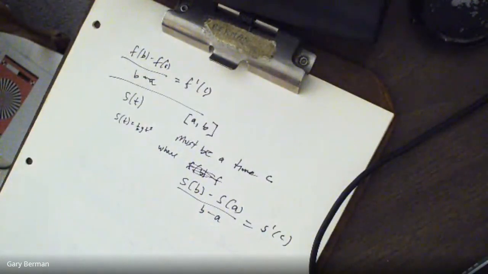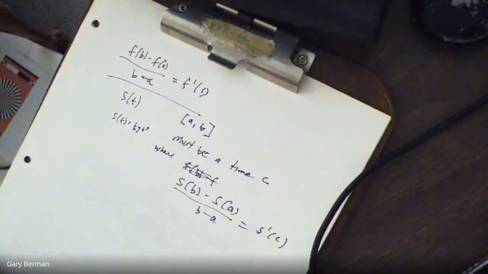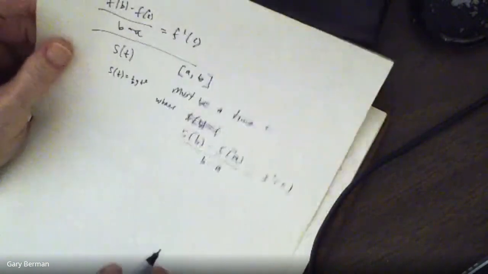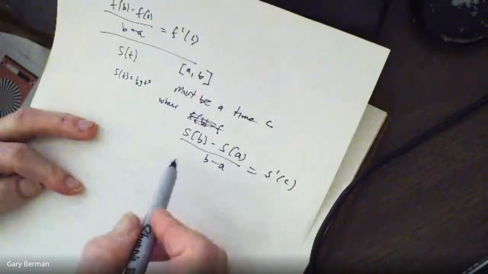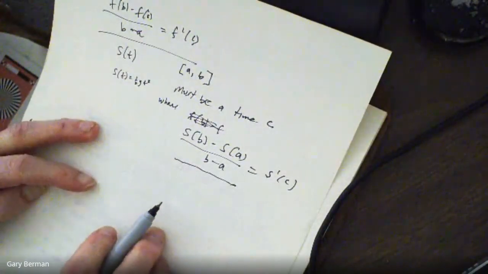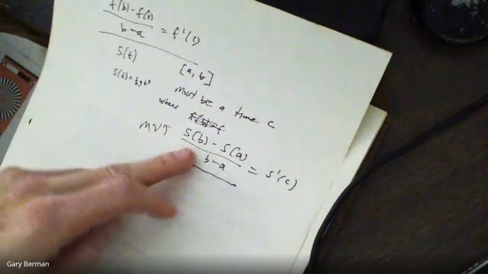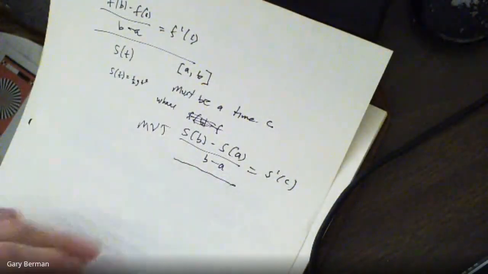Let's move this up. And let's see what is the physical interpretation of this thing. What does this tell us? The term on the left, this is the mean value theorem. We're just using the function s of t instead of f of x.